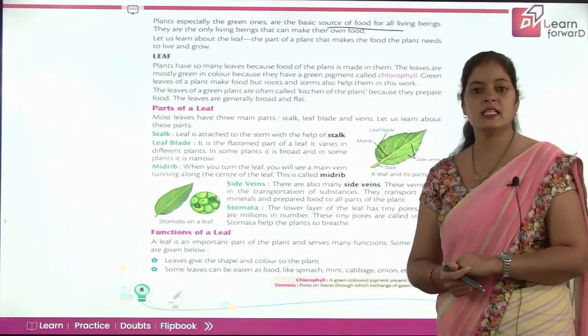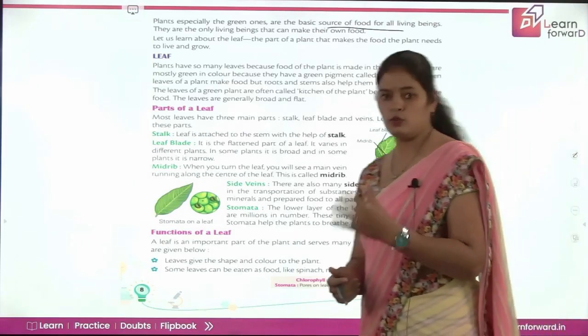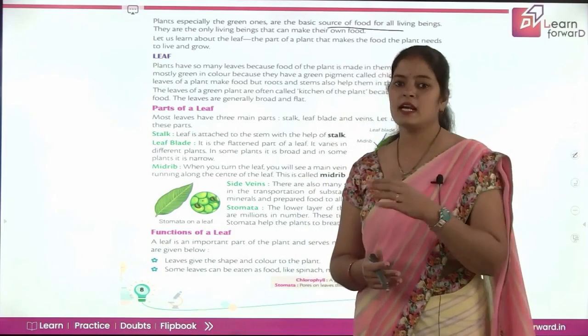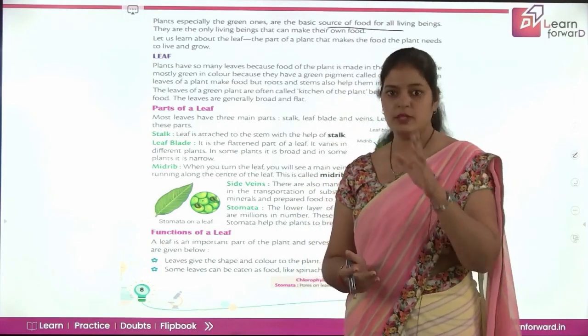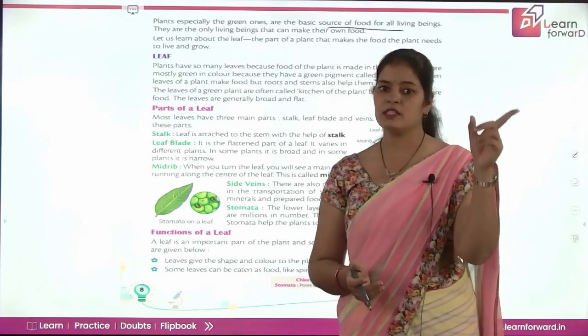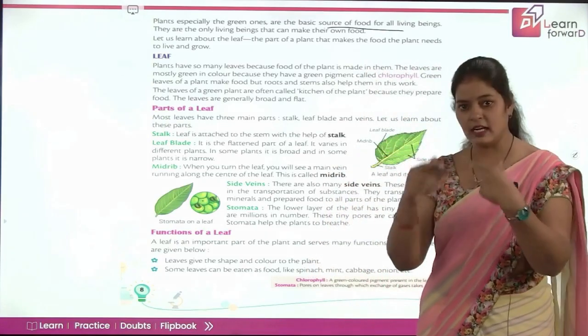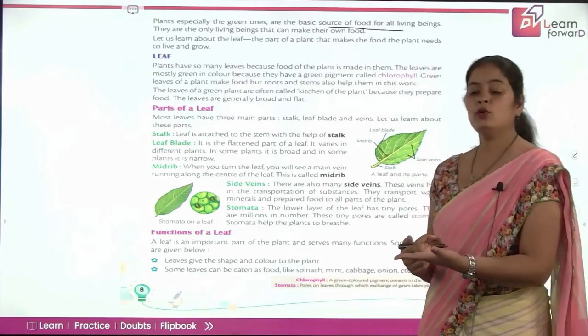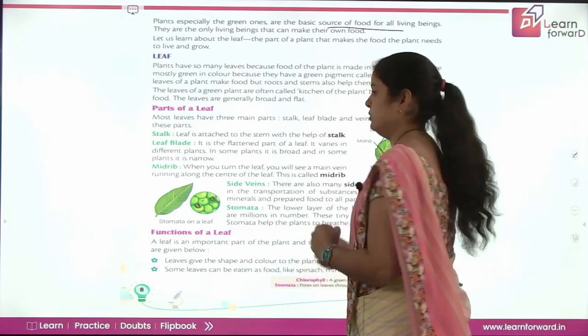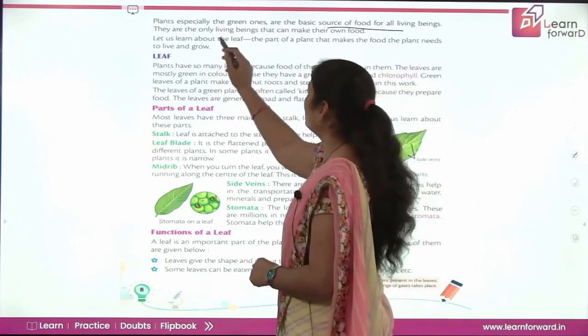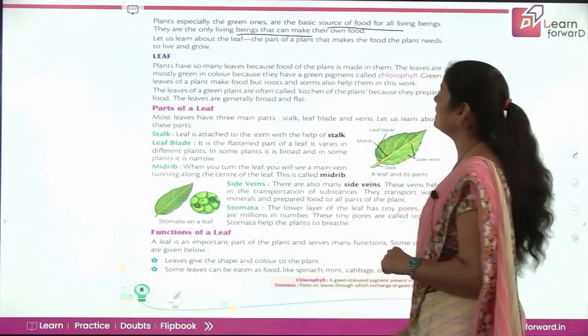Why are we saying this? Because green plants have chlorophyll, and only green plants can prepare food in the presence of sunlight. They can convert that sun energy into a chemical called food. So they are the only living beings that can make their own food.